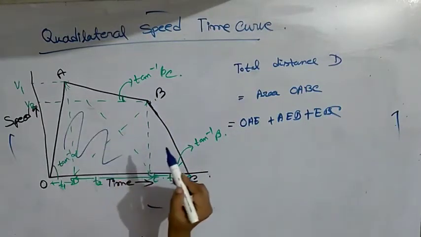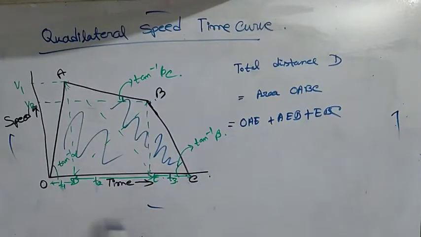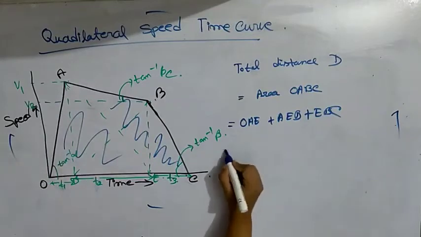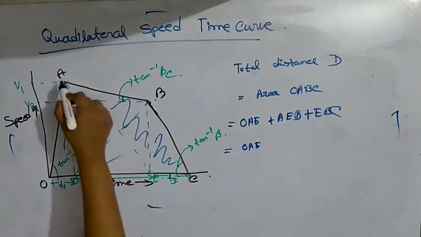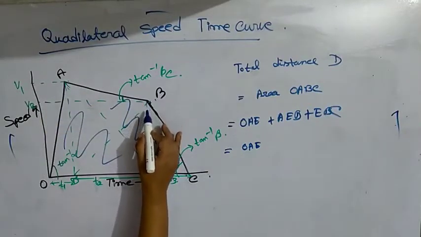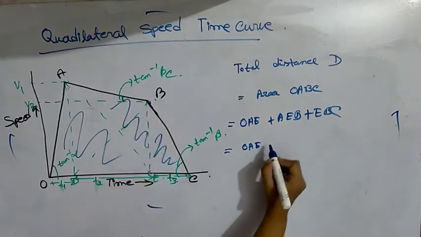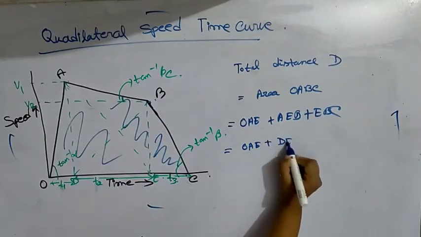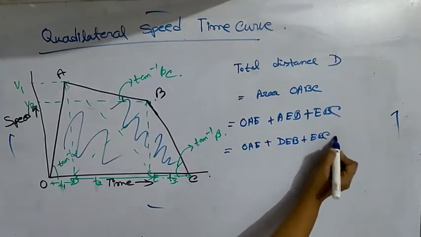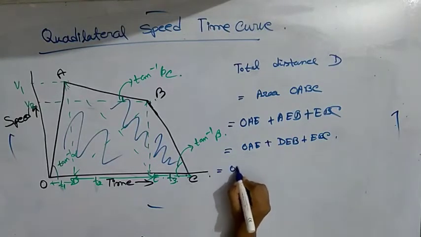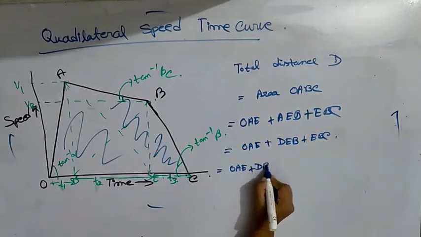That means this area and this area. So this is the total area. And AEB is equal to DEB, and this is equal to OE and this is equal to DBC.